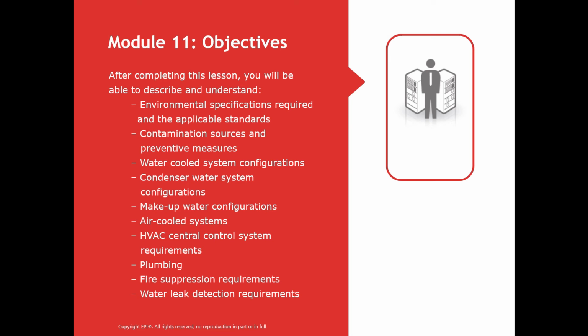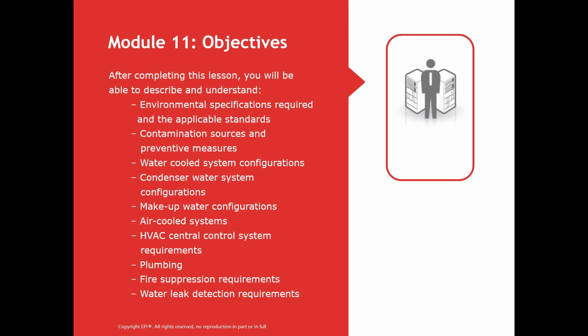We will look at various condenser makeup water systems. We'll also look at other varieties or types of cooling systems, including air conditioning systems, DX systems, central cooling systems, control systems. We also need to consider aspects around piping, plumbing as well.